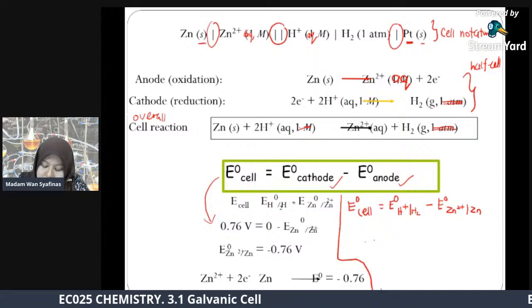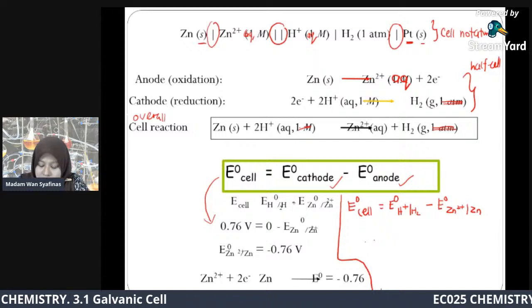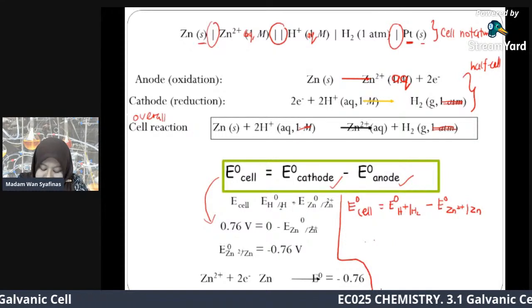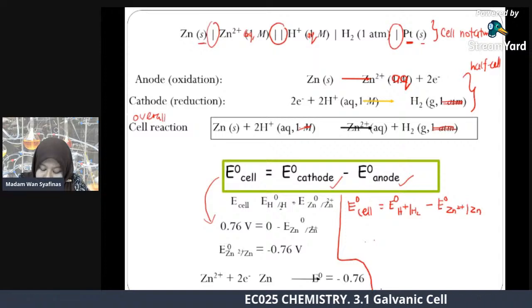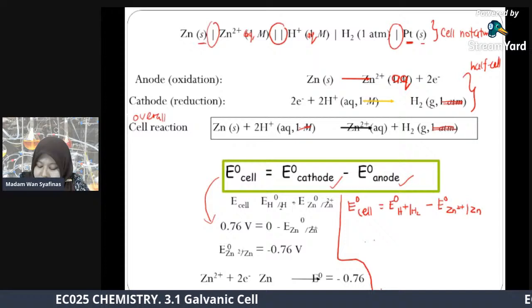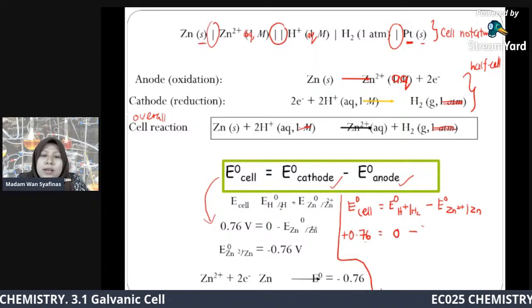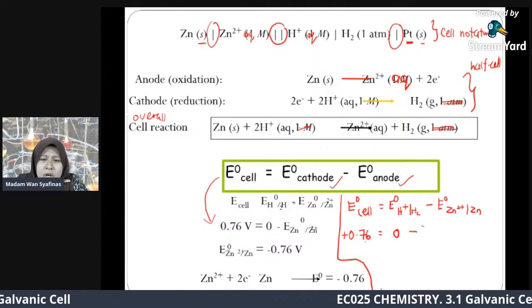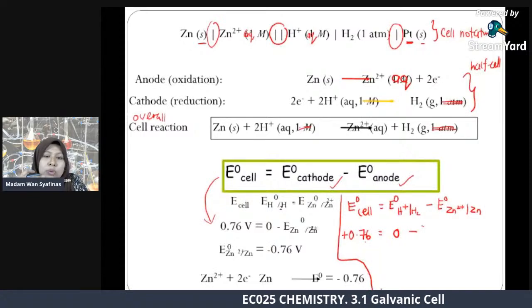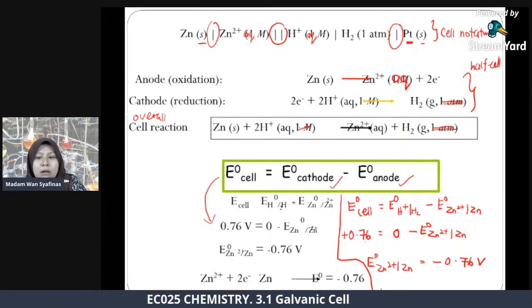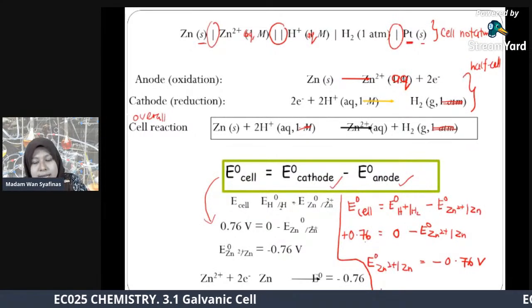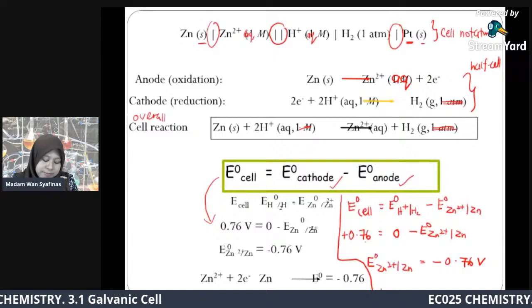So kita boleh carilah berapa nilai E zinc tu. So dapatlah E zinc tu sama dengan negatif 0.76 unit dia volt. Okay. So yang ni kalau kita nak cari nilai E untuk electrode, so kita boleh compare kan dia dengan SHE, standard hydrogen electrode.